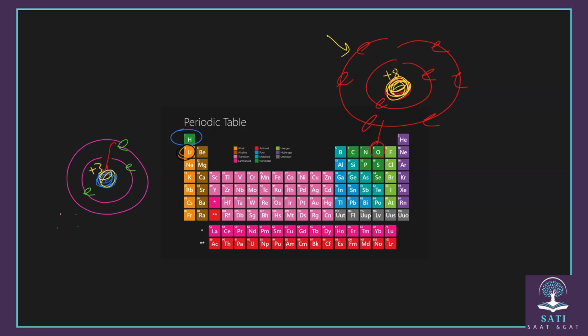Since both of them have 2 shells, if atoms have the same number of shells, the greater the charge of the nucleus, the greater the force of attraction for the valence electrons. So for oxygen, the attraction between the 6 electrons on the outer shell and the nucleus is very high compared to lithium.